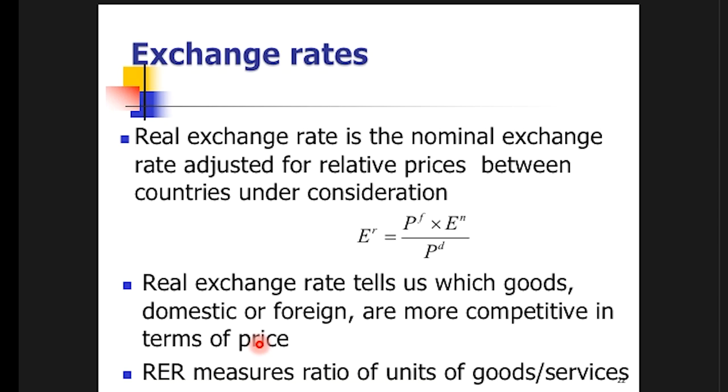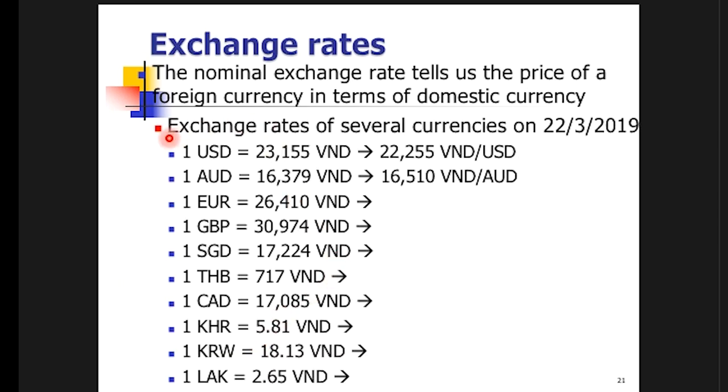So, for example, for the nominal exchange rate, 1 US dollar equals 23,000 Vietnam dong. This is in terms of currency.